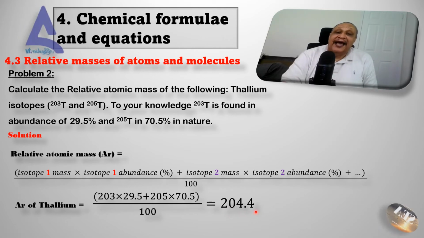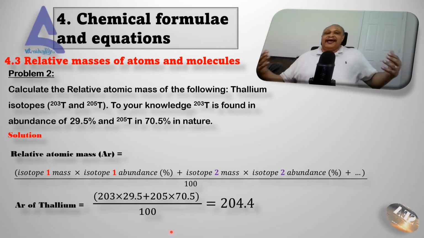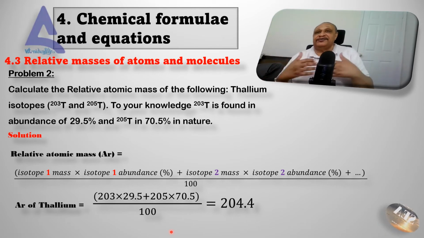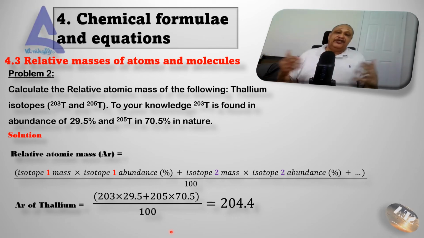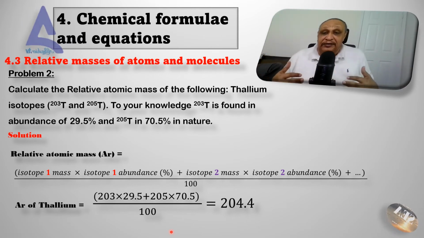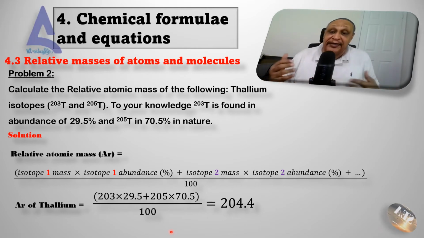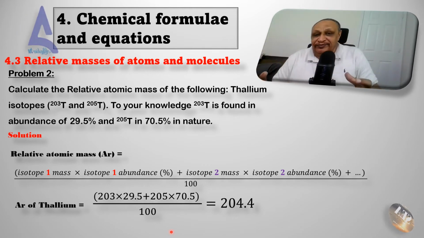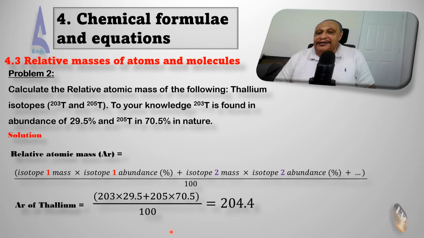So here it is going to be 204.4. And this tells you that you can't add 203 plus 205 and divide by 2 and come out with 204. No, it is wrong, because here we are asking about the weighted average atomic mass.